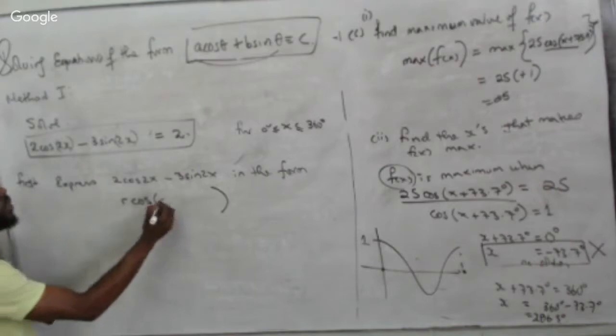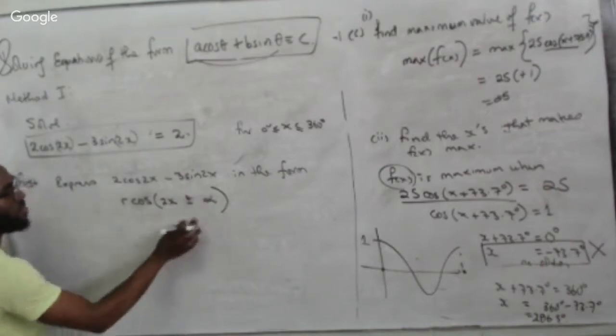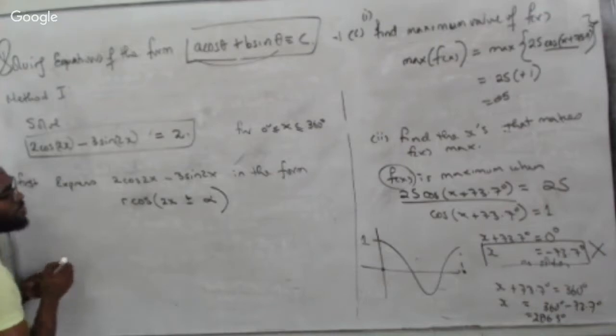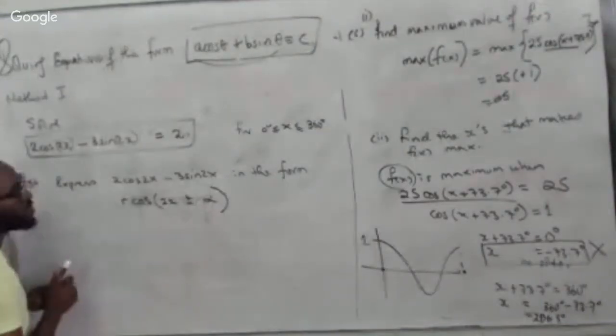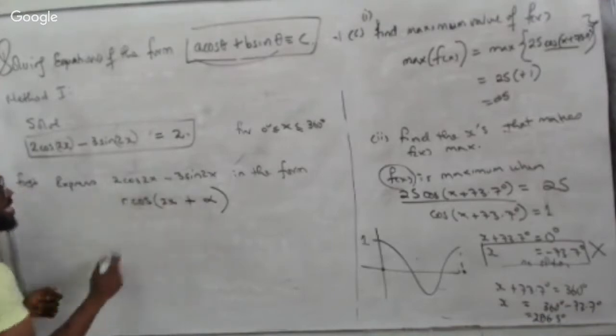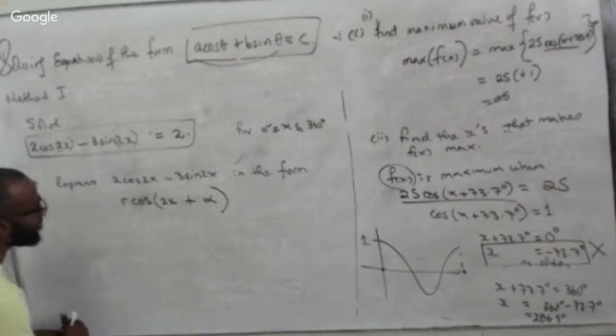So this is twice x plus or minus alpha. Is this plus or minus? Be careful. Why is it plus? I expect that the cos will change it back to sine, to minus. That makes sense? Great stuff.